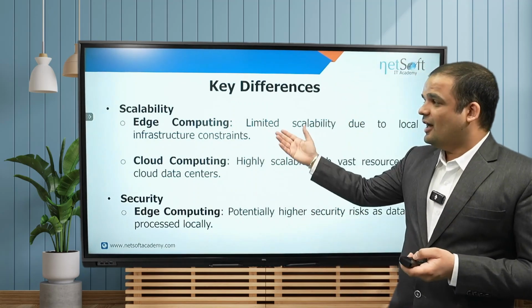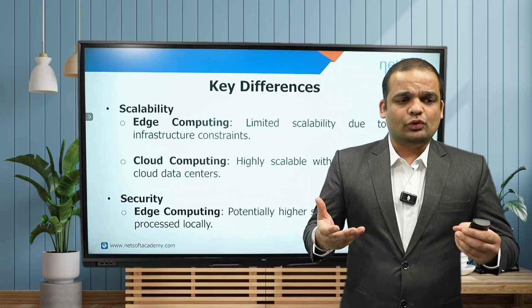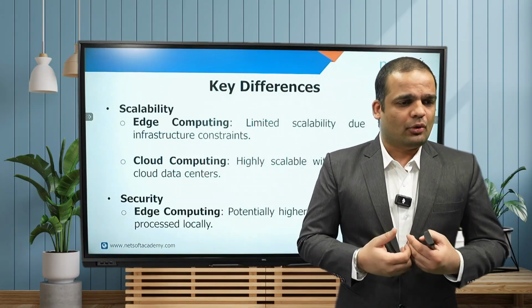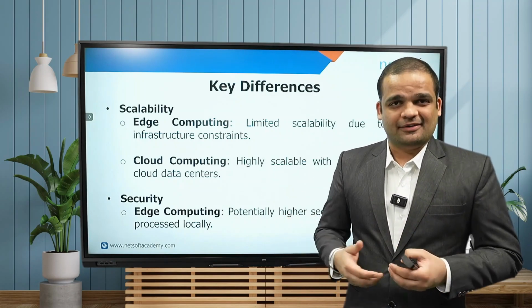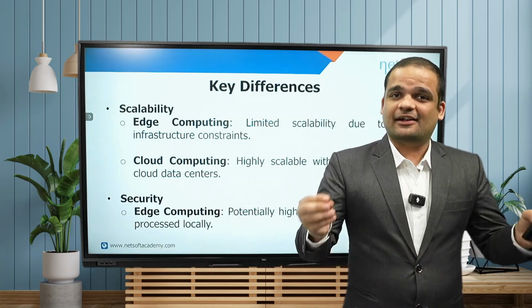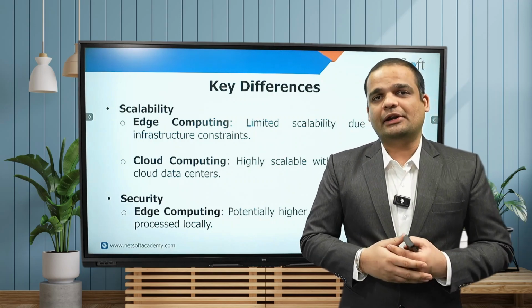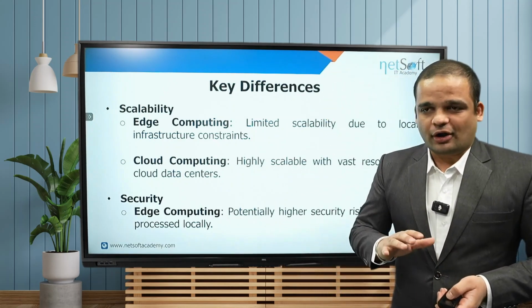Then comes edge computing. Well, edge computing is limited by the local hardware, so scalability is possible but restricted. Just think, if you need more processing power or more RAM in your edge computer, then go to Amazon and buy it. Not Amazon Cloud. I'm talking about e-commerce. And then install it. And then you will be ready to scale. So it takes time. Possible, but not fun to do.